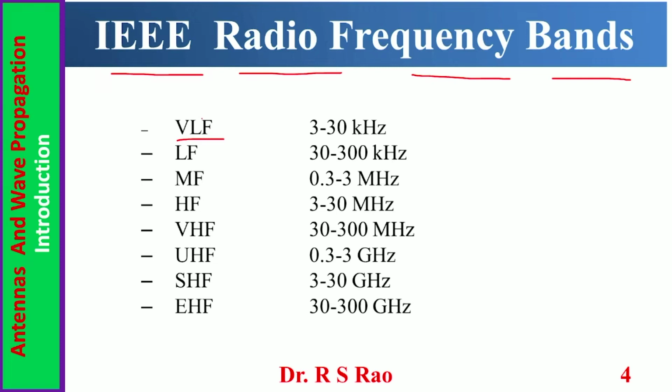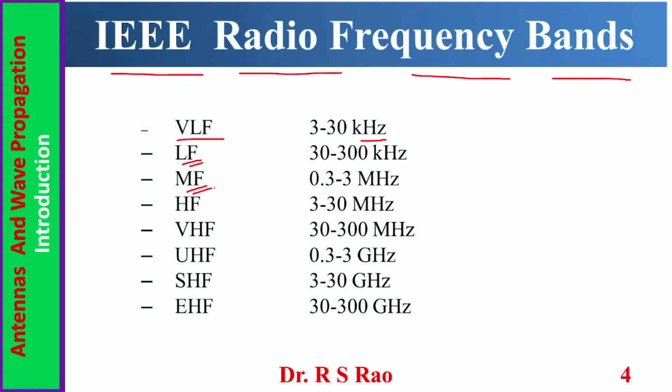VLF stands for very low frequency. The VLF band is the range of electromagnetic wave frequencies from 3 to 30 kilohertz. LF means low frequency. Its range is 30 to 300 kilohertz.